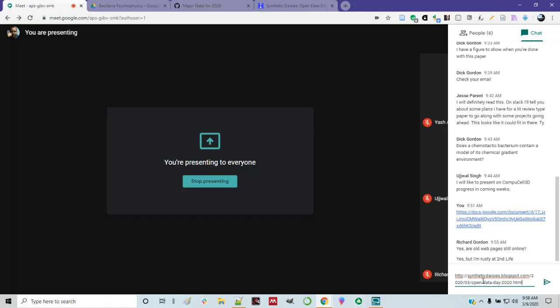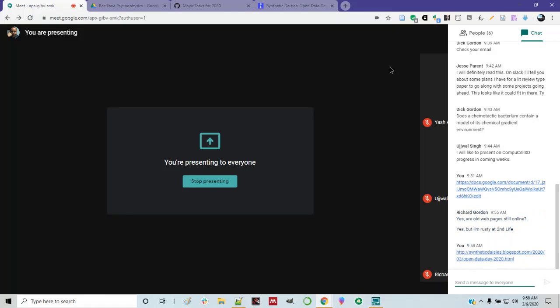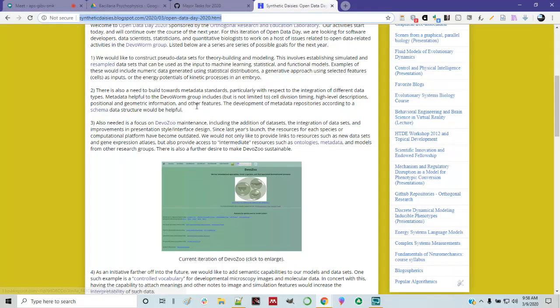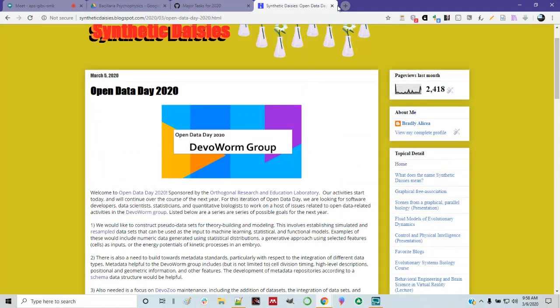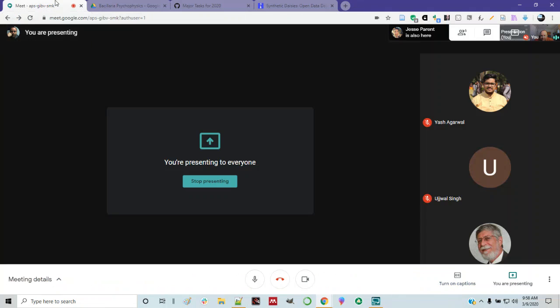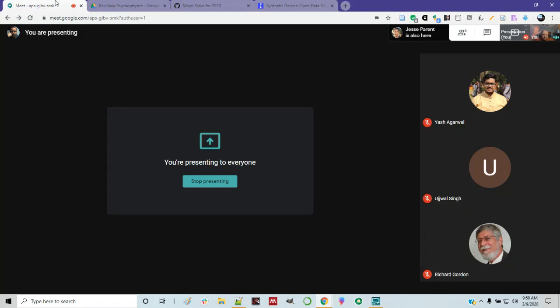This is a link to the blog post. The DevoZoo maintenance is mentioned here, but there are other things as well. We'll see how far that goes. Like I said, Open Data Day started Saturday, but it lasts infinitely into the future. We'll probably revisit things next year on Open Data Day to see where we are.